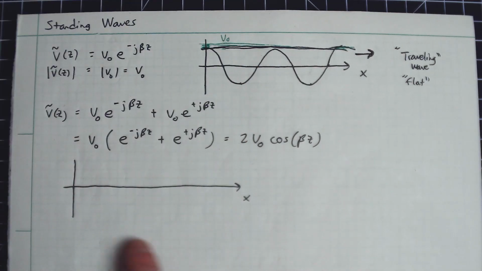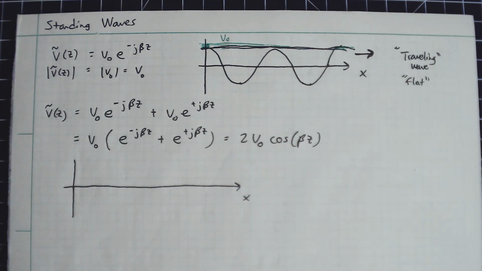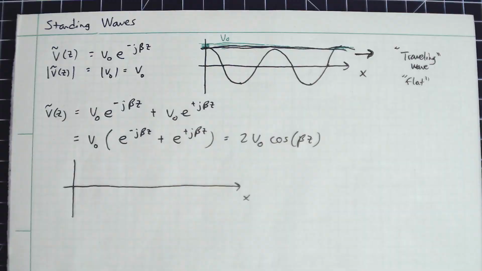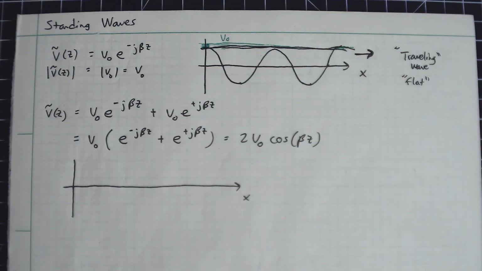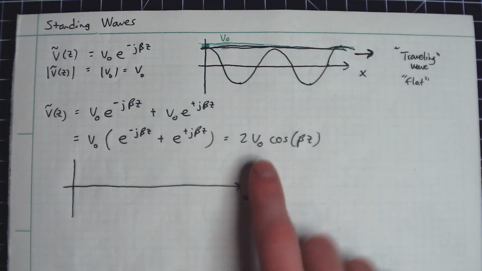So here is x. So remember, you have one wave going this way, another wave going that way, and at some moments they will destructively interfere and you'll get nothing at all. But then at other points in space they're going to constructively interfere and you'll get a doubling of your amplitude, as you can see here.